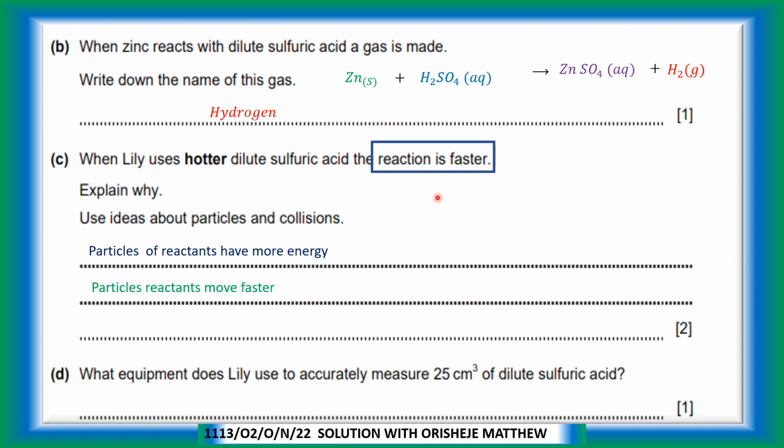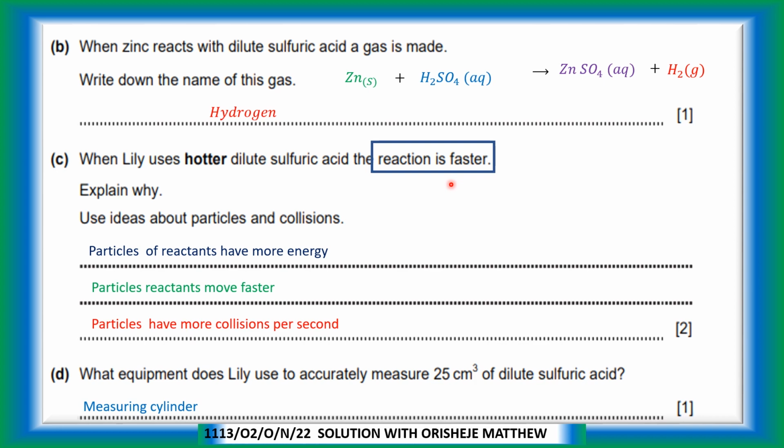The particles of the reactant will move faster, and that will involve more collisions per second. So it will increase the rate of reaction. So the reaction is taking place at a faster rate.